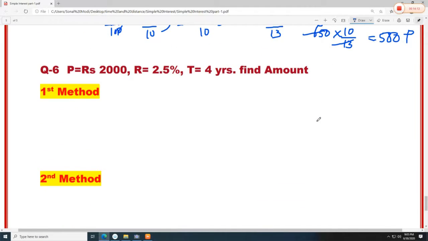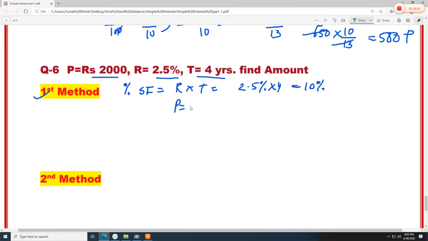Now here is an example where the principal is 2000, the rate of interest is 2.5%, the time period is 4 years and you need to find out the amount. Here we are going to find out the amount by using the first method. So percentage of SI is equal to R into T. So 2.5% into 4, that is 10%.